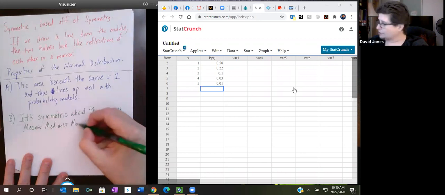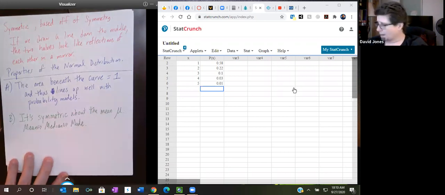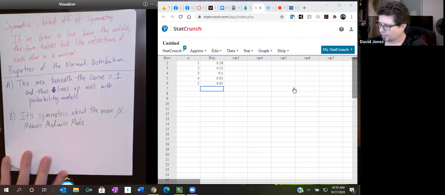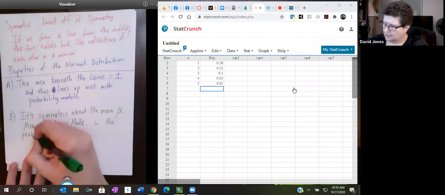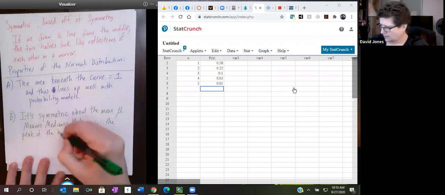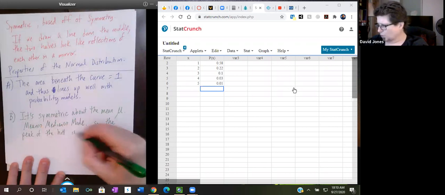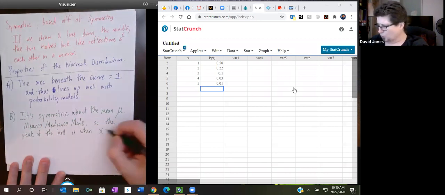It should be the most common entry, but we frequently use the mean. So the peak of the hill is when x equals mu.